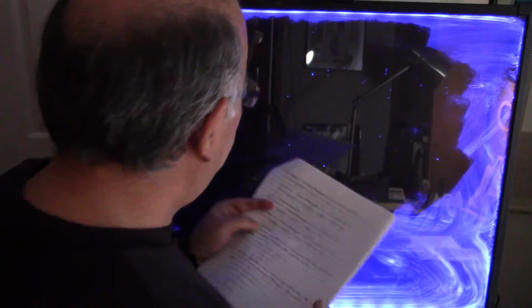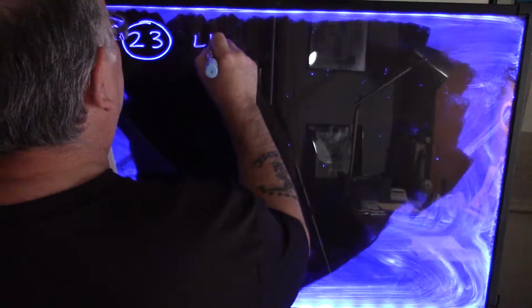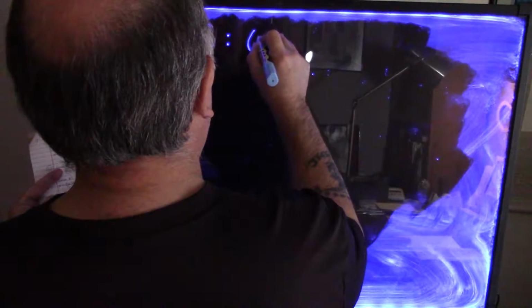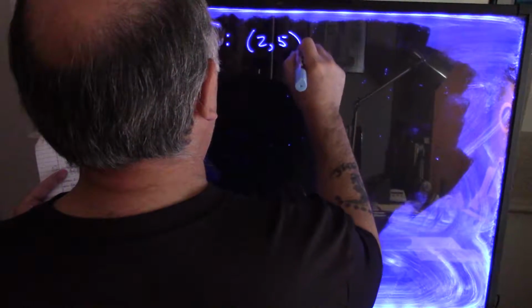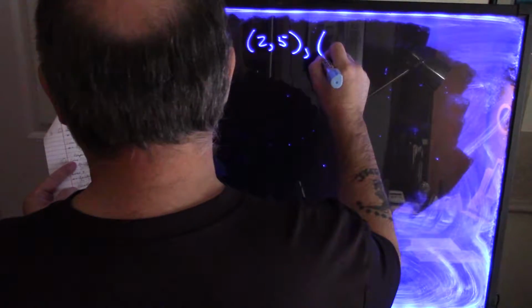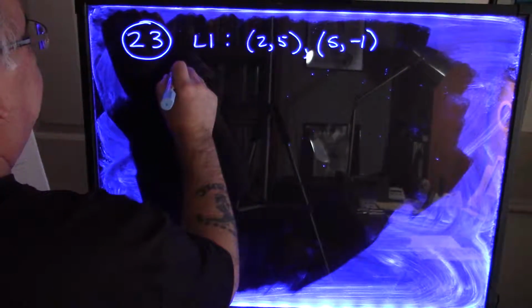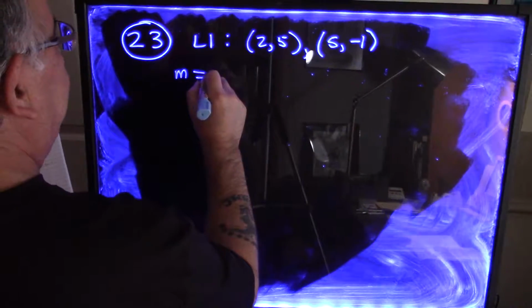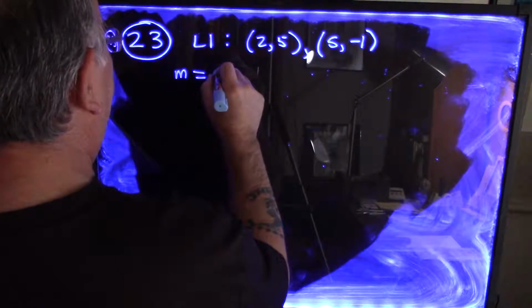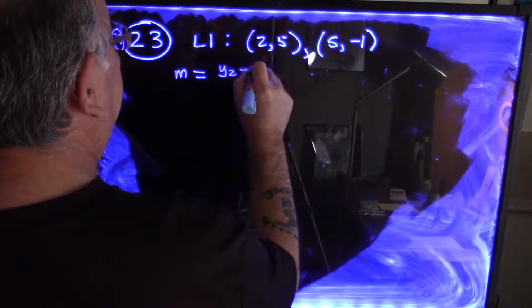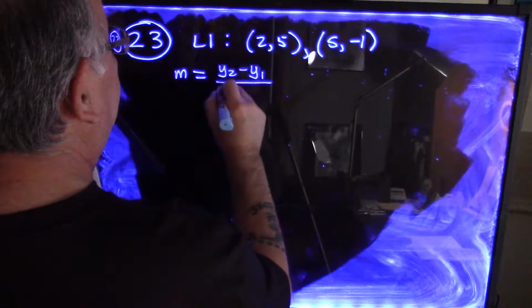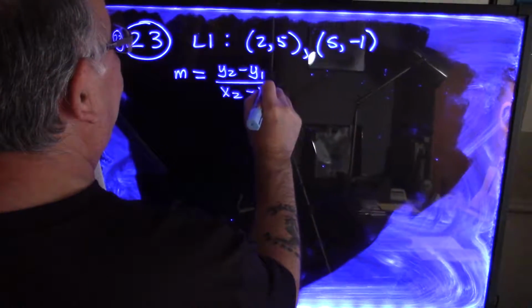Number 23. We have line 1, or L1, which passes through 2, 5 and 5, negative 1. So slope m of the line going through those 2 points is equal to y2 minus y1 over x2 minus x1.